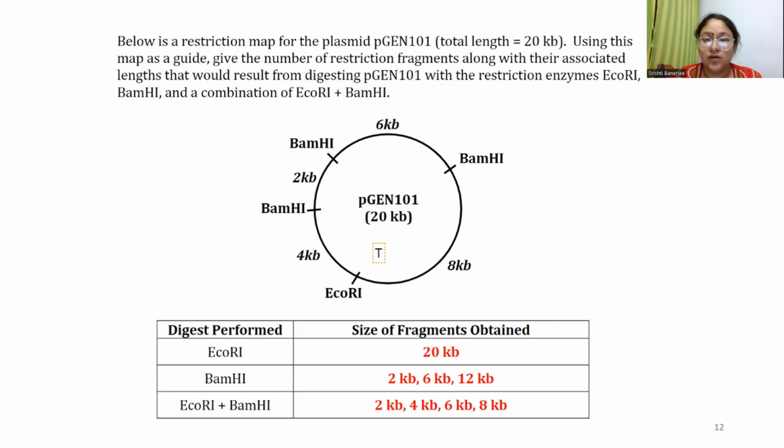Clear? So it will have 3 fragments: 2, 6, and 12. But when we do a double digestion with both EcoR1 and BAMH1, the EcoR1 we know will cut between the BAMH1 sites. So this 12 kb fragment will be cut from within. It will give you 4 and 8. So you have 4 fragments. With 4 cut sites total, irrespective of which enzyme has been used, you will definitely get 4 fragments. Clear?